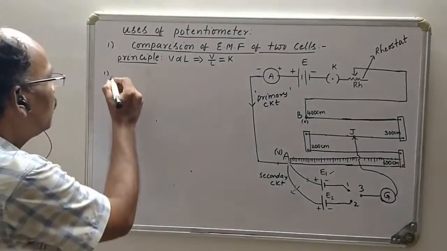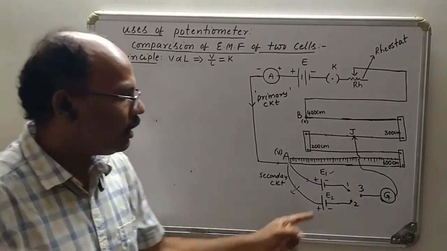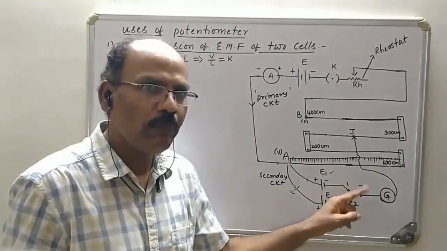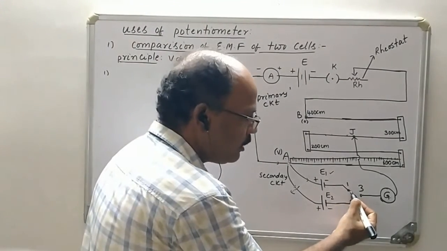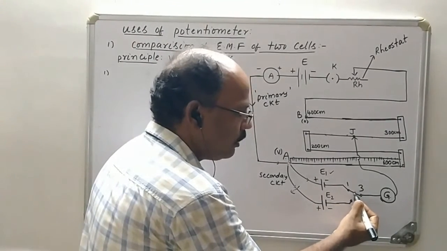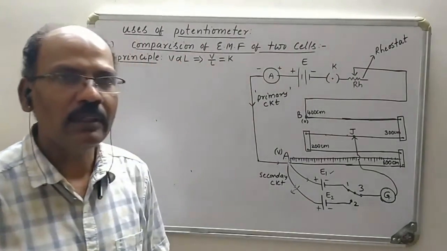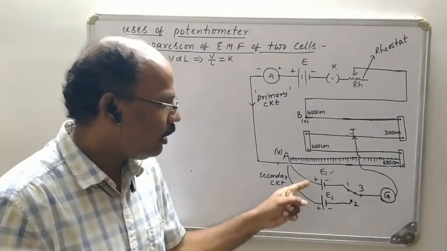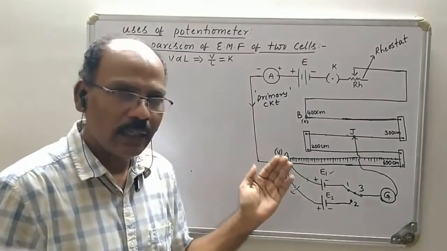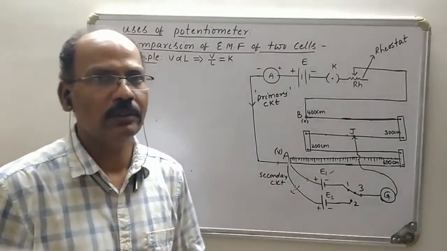First, we close the two-way plug key, putting the key between points 1 and 3, such that the cell of EMF E1 is coming into the closed circuit.